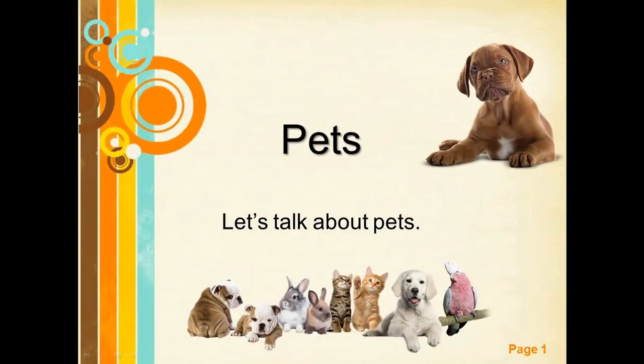Today's topic is pets. Pets is something you might be asked about in the IELTS exam, and so it is useful to be able to talk about them. Even if you don't have a pet, you might be able to talk about one you want to own or one that someone you know has owned. So it is a useful subject.